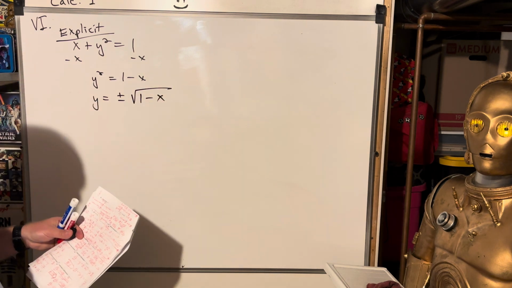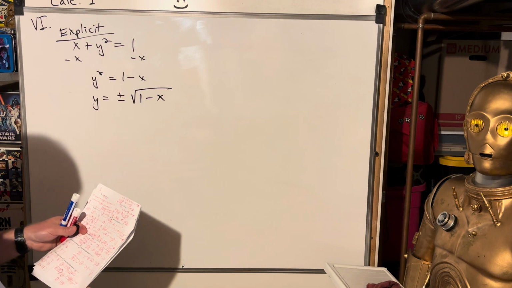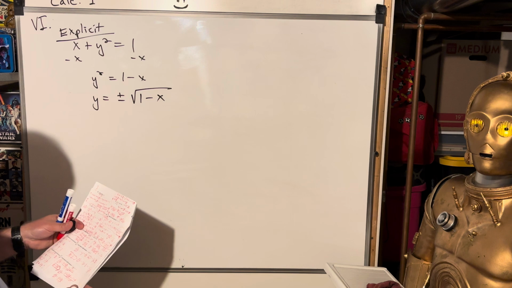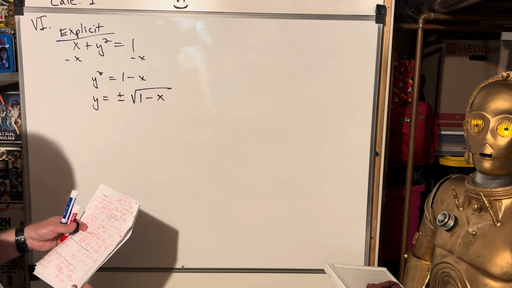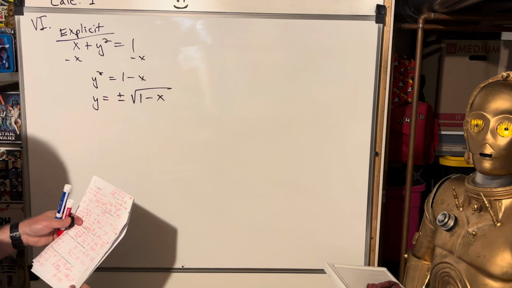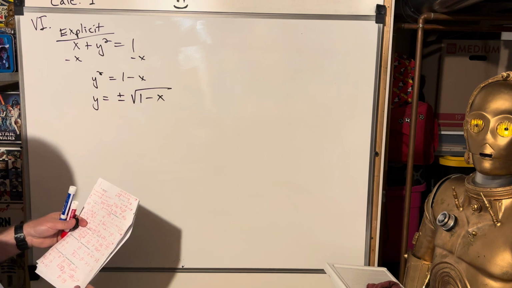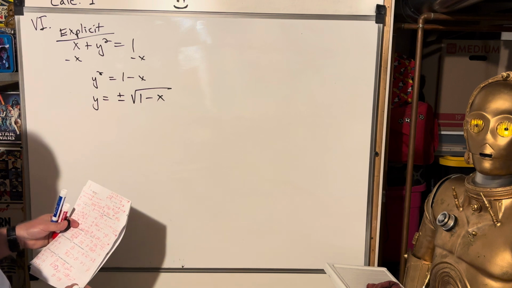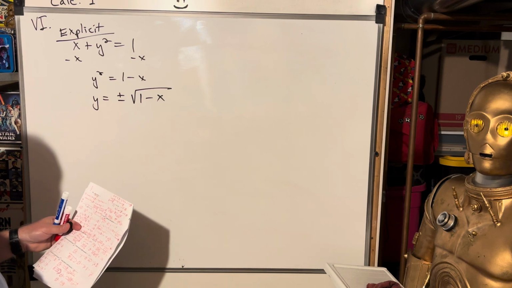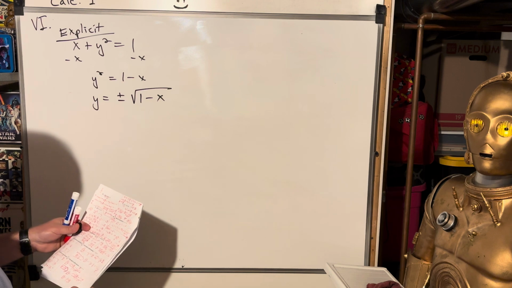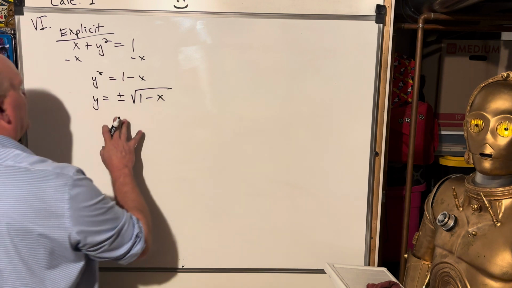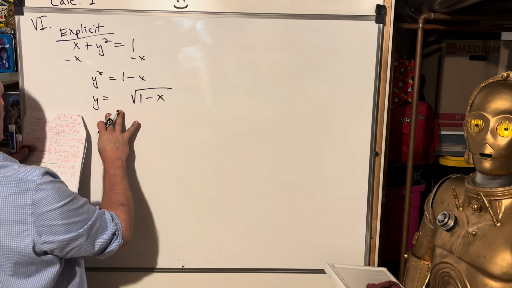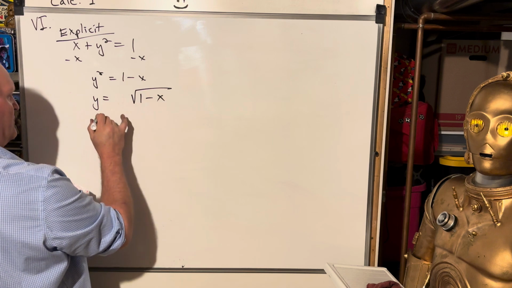All right. And so that means I'm going to have to do the square root. Do I have to worry about the plus or minus here? Positive or negative? I don't think I have to worry about that. So we're just solving it for y, and now we're rewriting it.